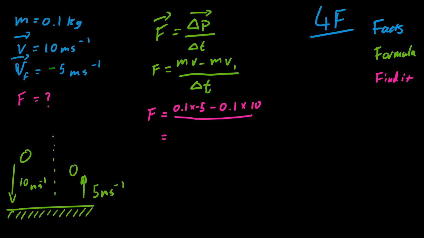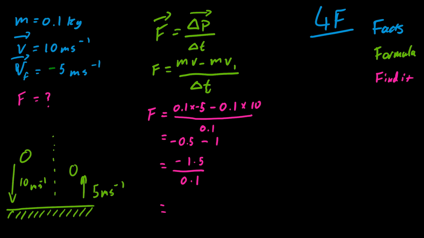How long did that take? 0.1 seconds, looking back at the question. Okay, multiplying these through, we've now got negative 0.5, take 10 times 0.1 is 1, take 1. That would be equal to negative 1.5 over 0.1.